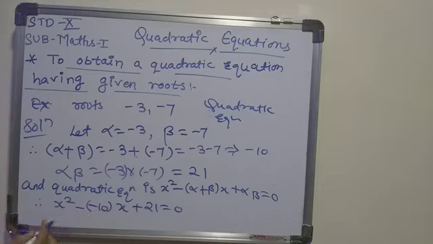Open the bracket, minus minus plus, so your final answer is x square plus 10x plus 21 is equals to 0. So this is how you are going to use the roots to find the quadratic equation. I hope you all understood this.